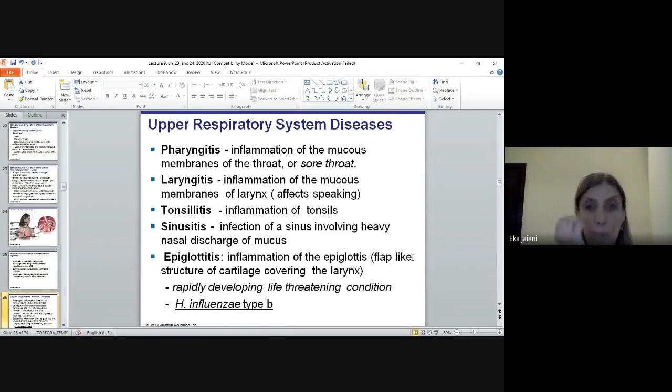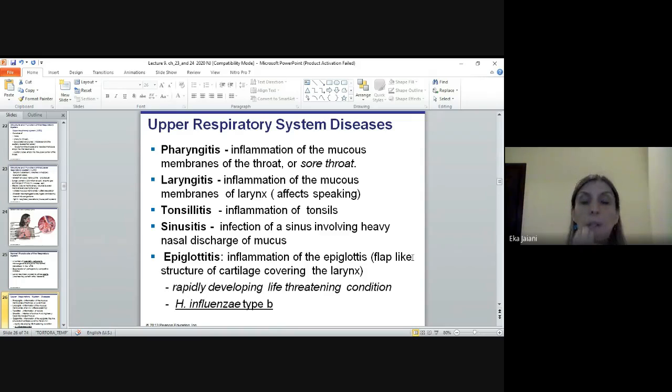Sinusitis. This is inflammation of sinuses that we have behind the nose and behind the front bone. Epiglottitis is inflammation of the epiglottis.